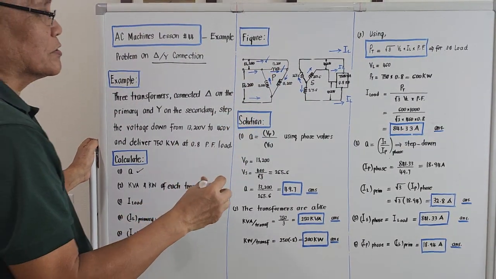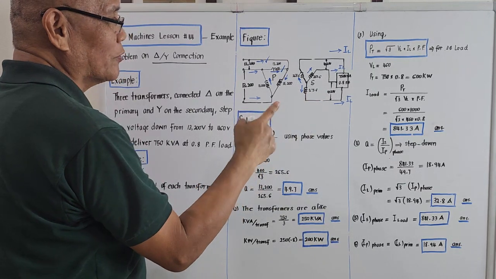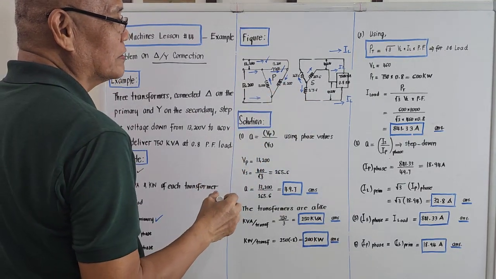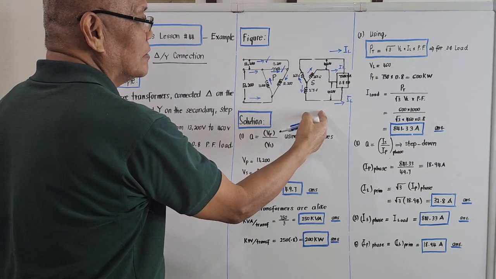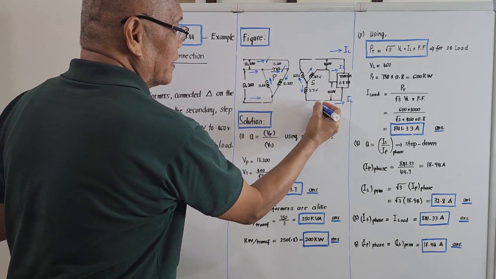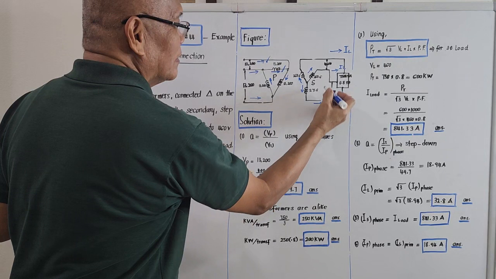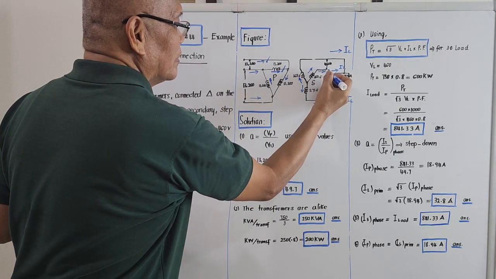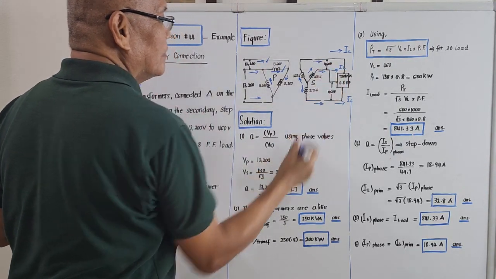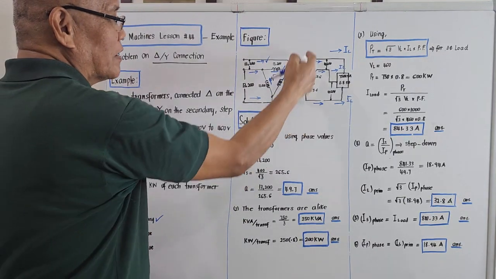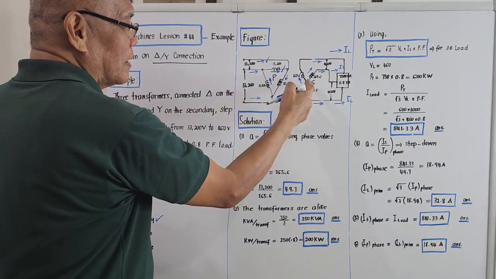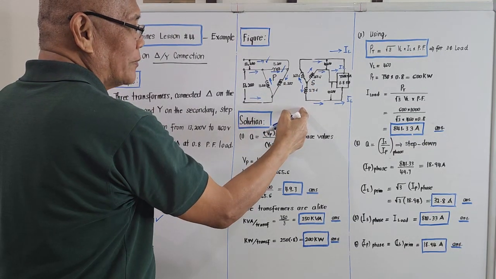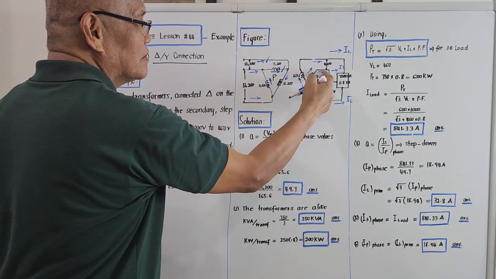For the secondary side, there's no problem. The connection is just a series connection, right? So whatever current passing through the windings will be the same as the line currents going out. So with regards to the current on the secondary, there's no problem. Whatever current coming out from the windings will be the same as the line currents.